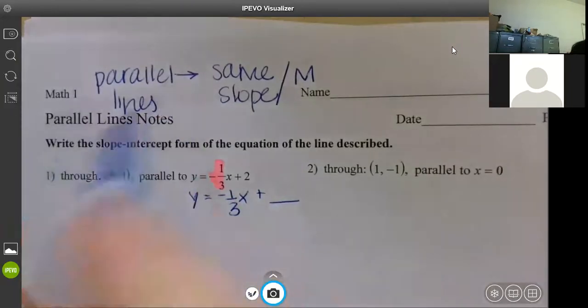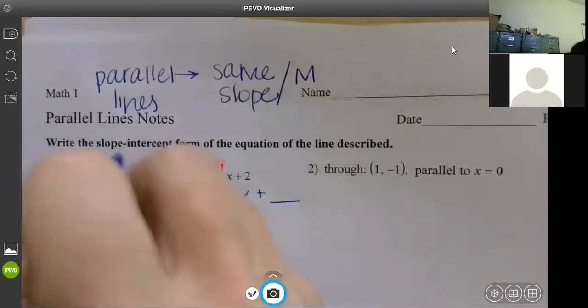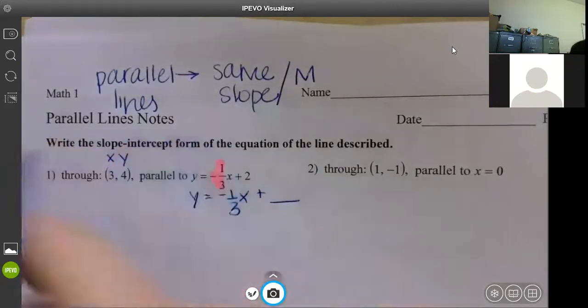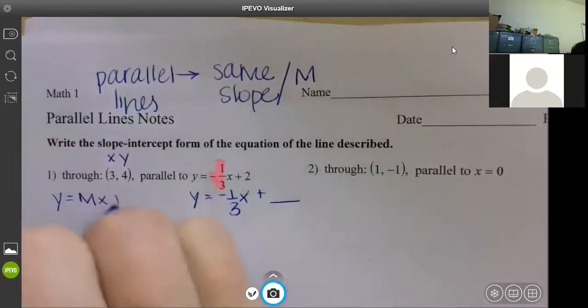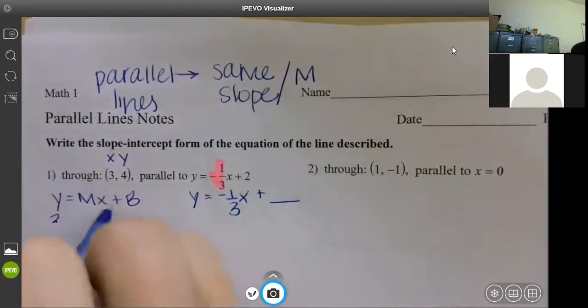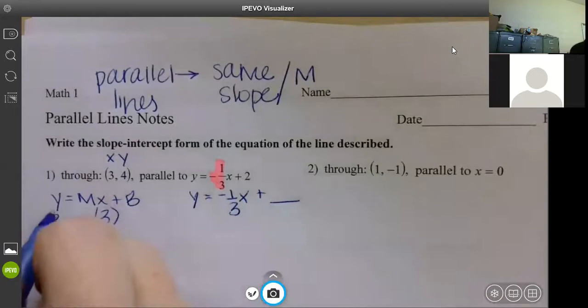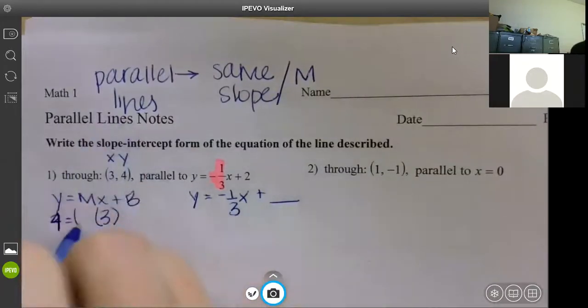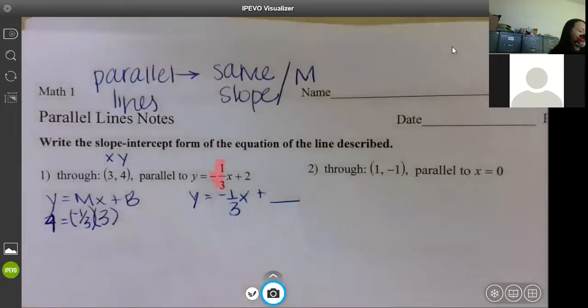So the way we figure out the rest is the same way that you've been doing it. This is your x and your y. So we're going to do y equals mx plus b like we just did. What is our x coordinate? 3. What is our y coordinate? 4. Our slope was -1/3.